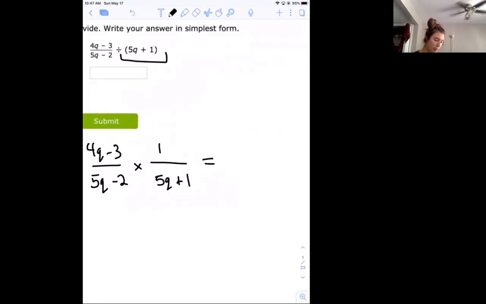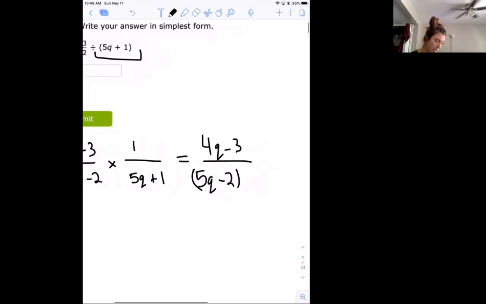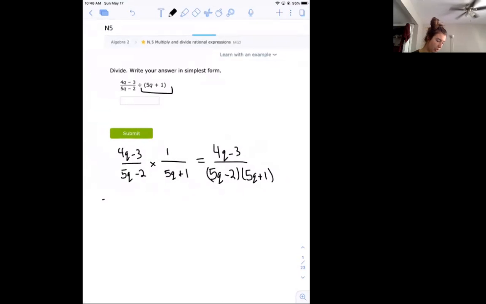So on the top I have 4q minus 3 times 1, which is just 4q minus 3. And then on the bottom I have 5q minus 2 times 5q plus 1. And I'm going to FOIL those binomials right there. So if you guys remember, you multiply the outside first.